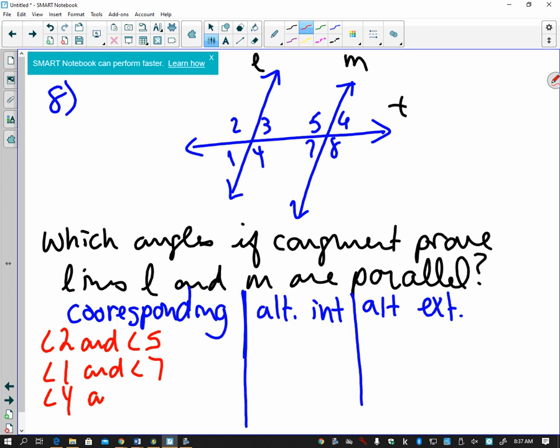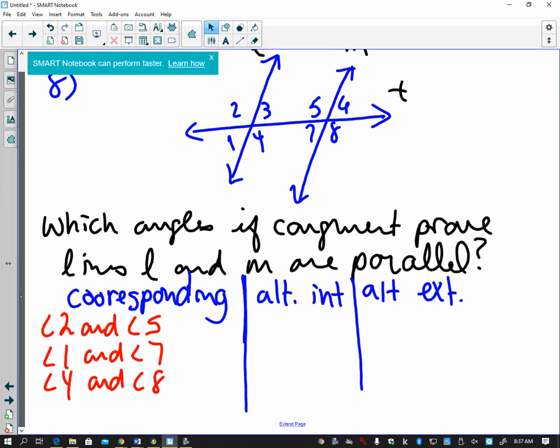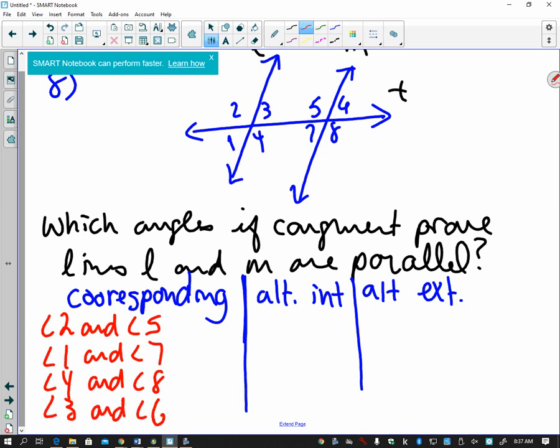Yes. 3 and 6. Now I noticed that once one person says 2 and 5, suddenly we know what the other 3 are, right? You need to be able to know what corresponding angles are on your own, without somebody giving you that first heads up.